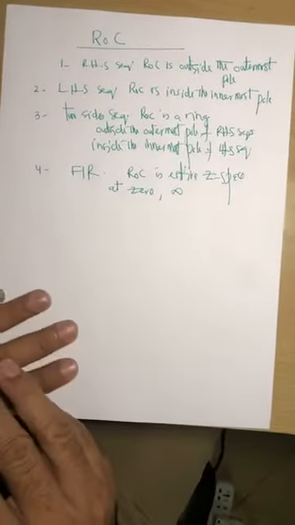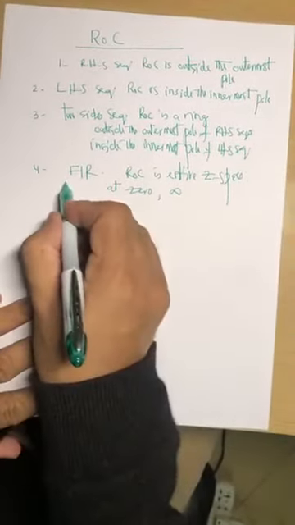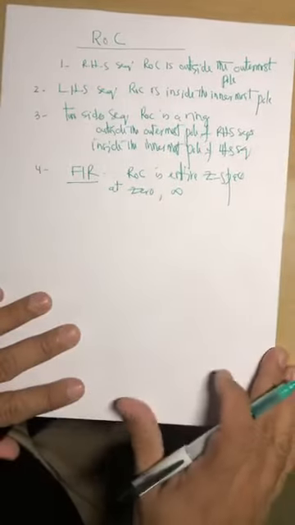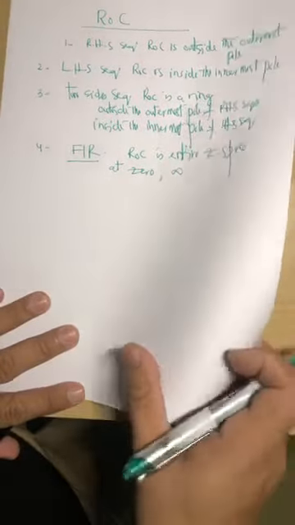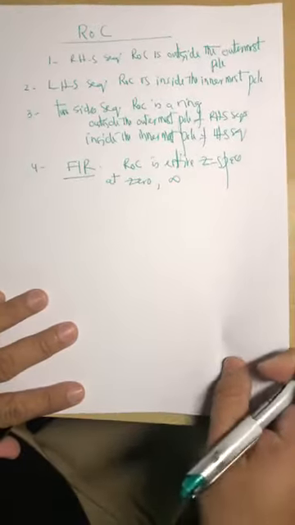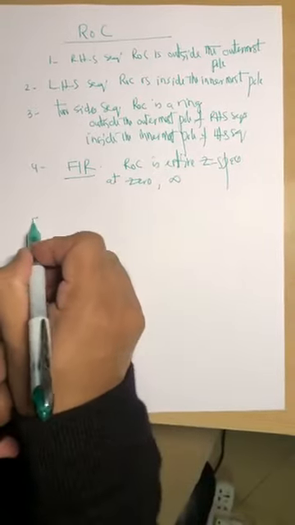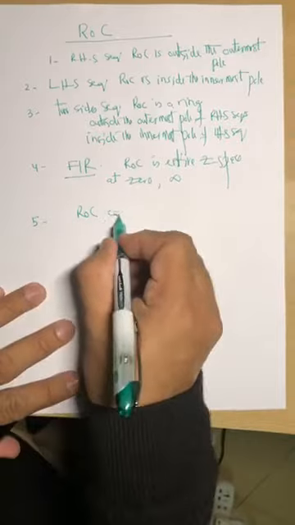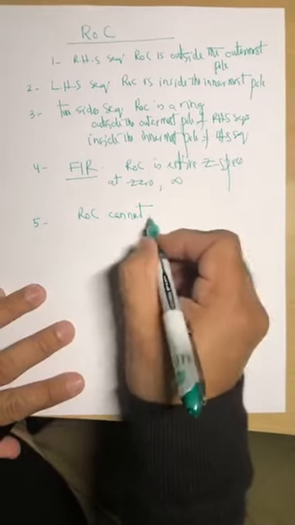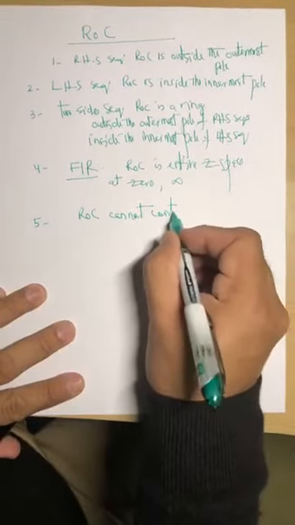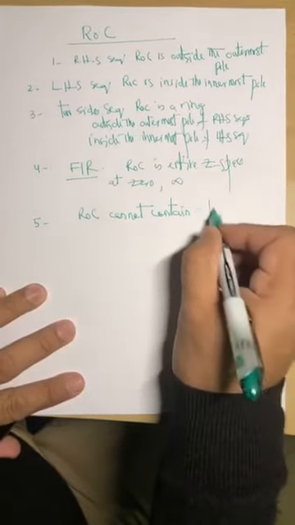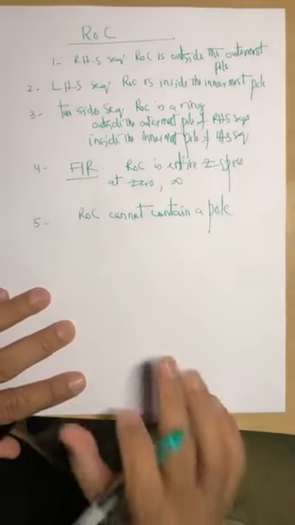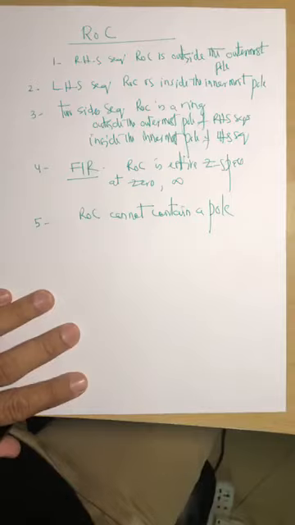But otherwise, we don't even worry about the FIR sequences when finding regions of convergence and stability. Another important fact is that the region of convergence cannot contain a pole. It may contain a 0, but it cannot contain a pole.